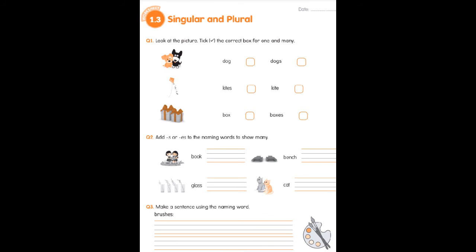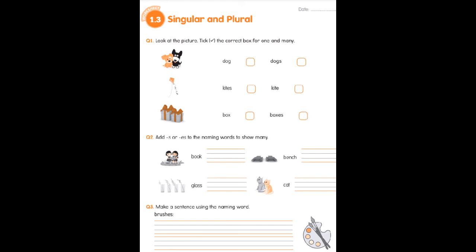What can you see first? The first picture, there are two dogs. Yes. Now see where the box is: dogs. First option is dog and in the second s is added. So which is right, if there is more than one? Yes, dogs.